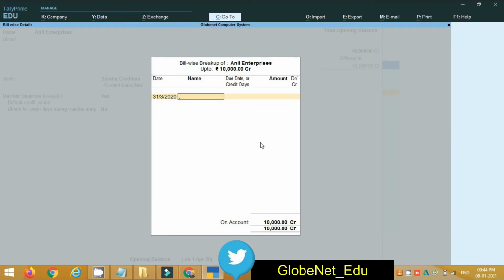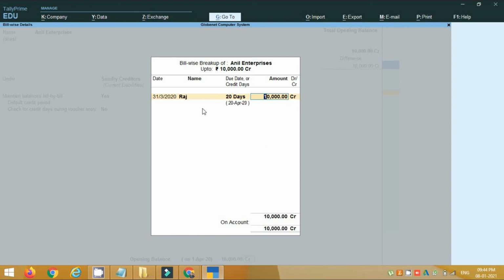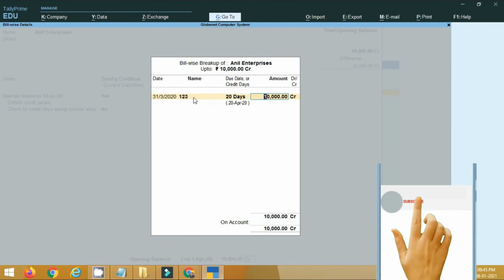The name we'll take as Raj, 20 days. We can mention the bill number as well. It's not an issue. We can just mention 123 as the bill number, 10,000.